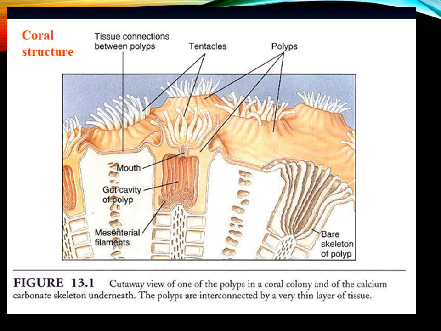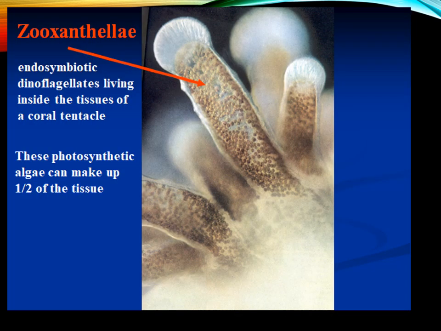But they also have zooxanthellae or symbiotic algae that actually live within their tissues. So we say these are endosymbiotic. Dinoflagellate is just the type of algae. So they live inside the tissue. The symbiosis is they use sunlight to produce food, just like all photosynthetic organisms.